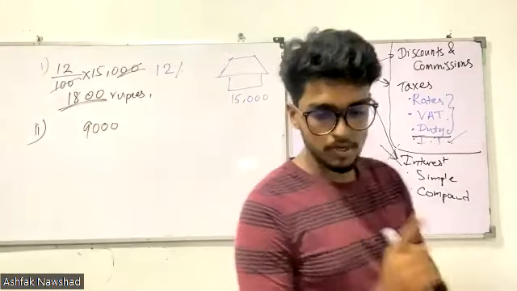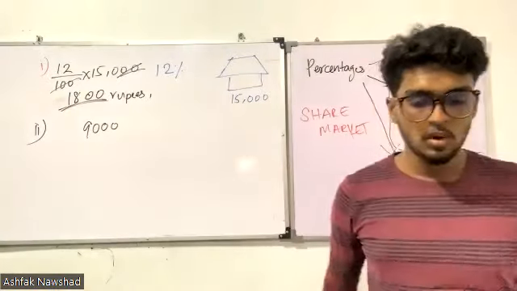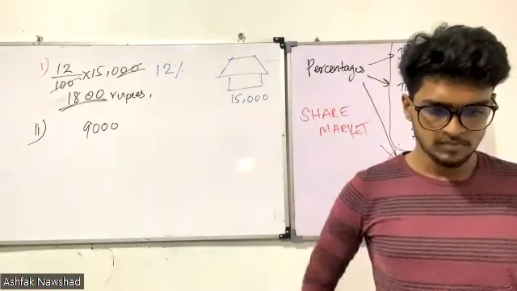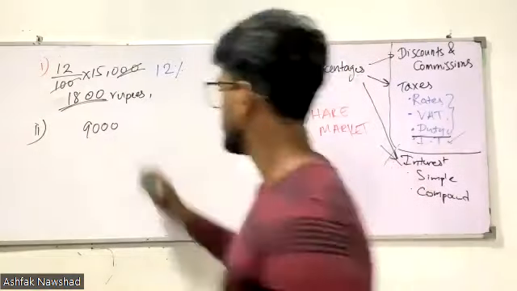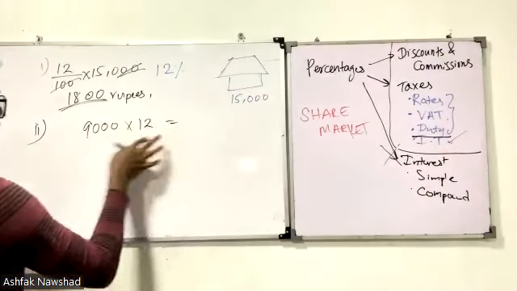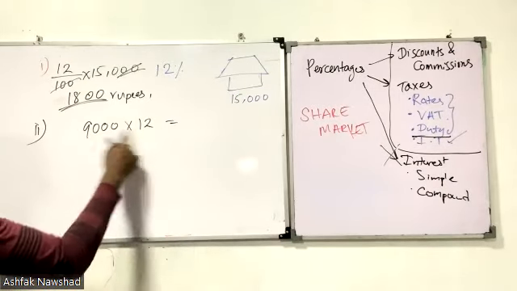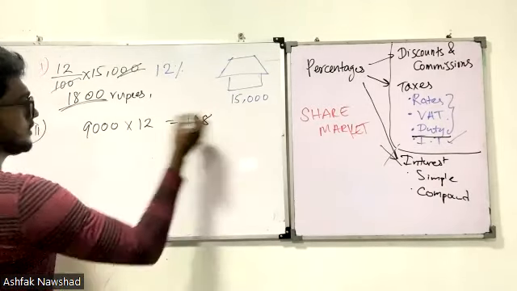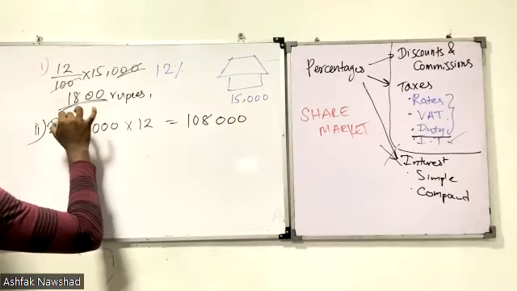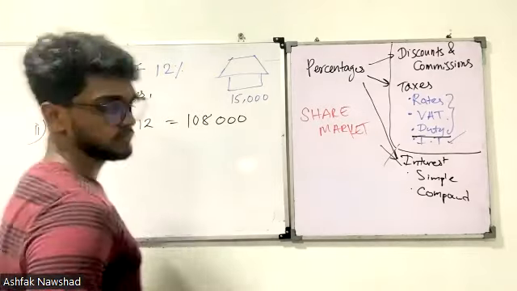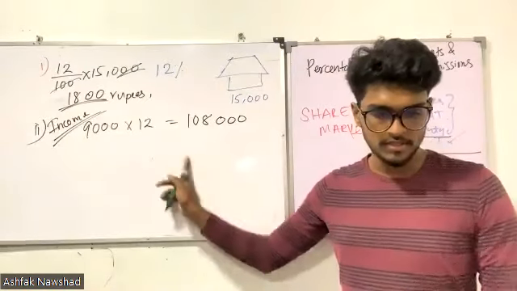So how many months are there in a year? 12 months. So for a year he receives 9,000 times 12. 9 times 12 is 108,000. Is this clear? This would be his total income.